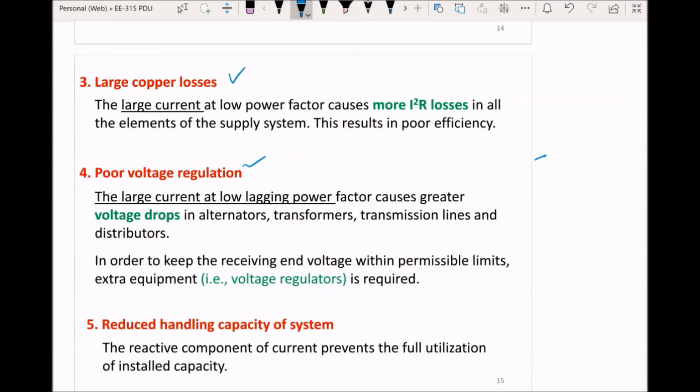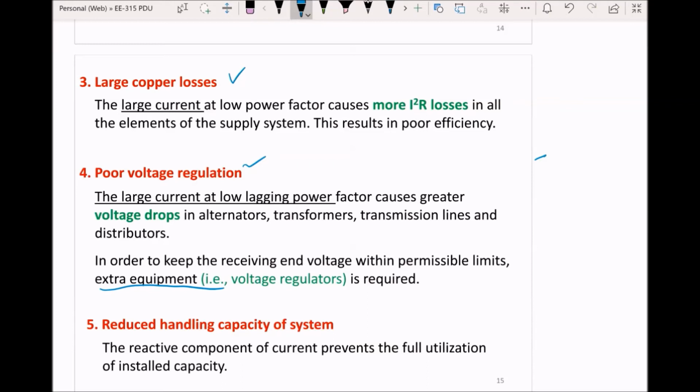Therefore, to keep the voltage at the desired value, voltage regulators will be employed as additional hardware or extra equipment. So for proper regulation of the voltage, some extra equipment will be needed, and that will also be costly.